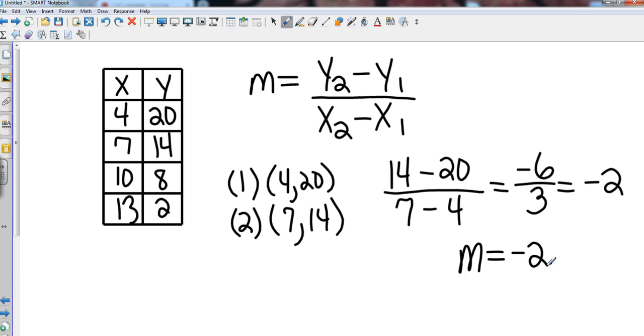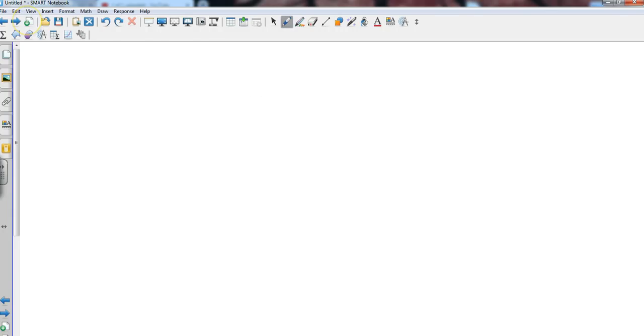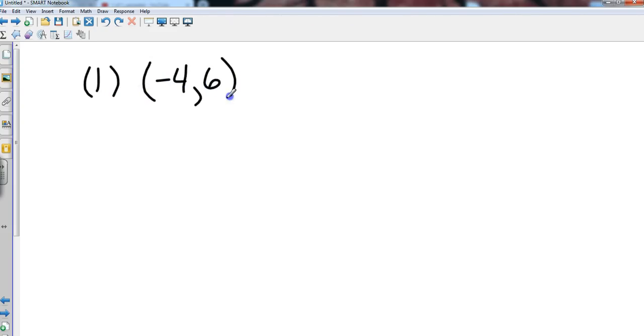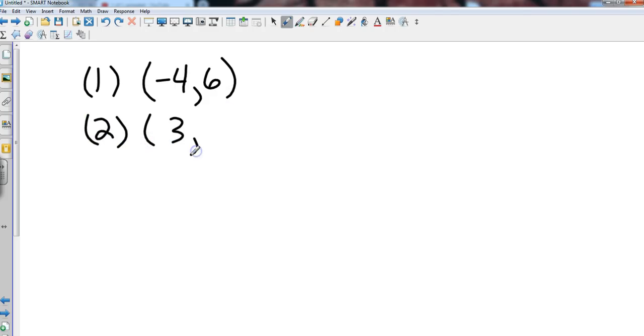Now, we have to be very careful because we don't always get nice positive values. So let's just say my first coordinate, I'm just going to make some up here, is negative 4, 6. And my second coordinate is 3, negative 8. So now I'm throwing some negatives in there.